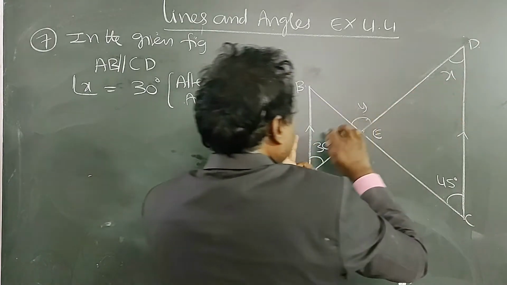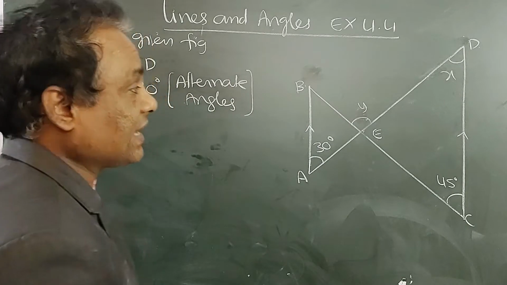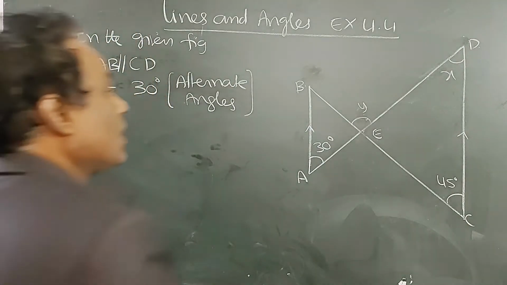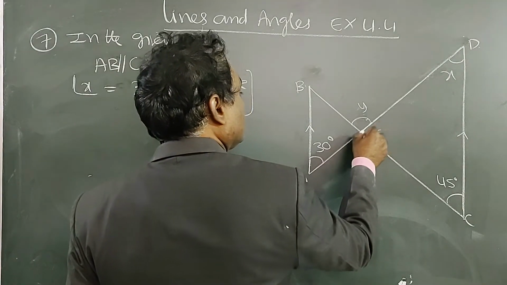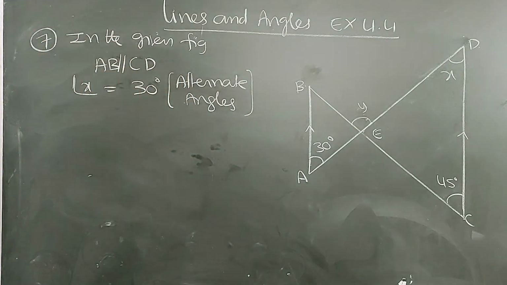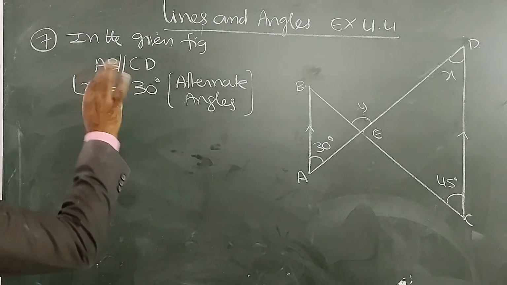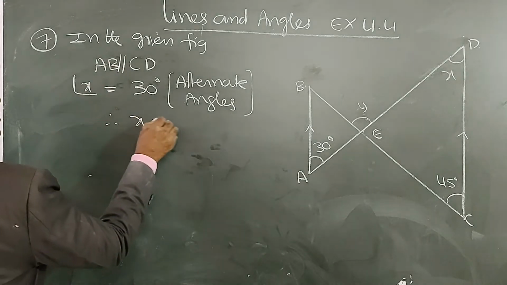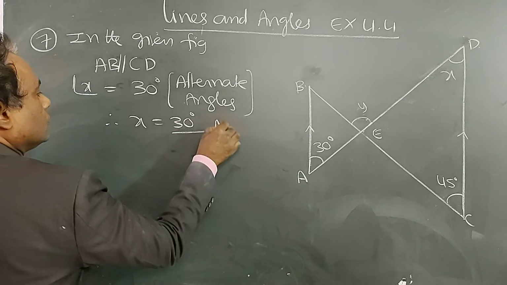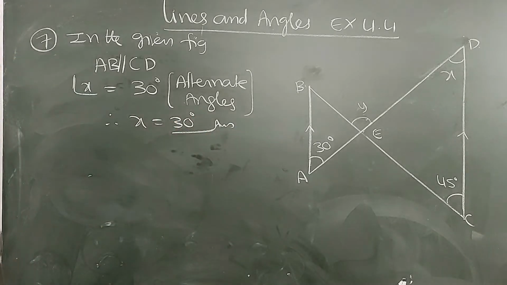One is this side, one is this side, so they are called alternate angles. So we got the x value. That's all.